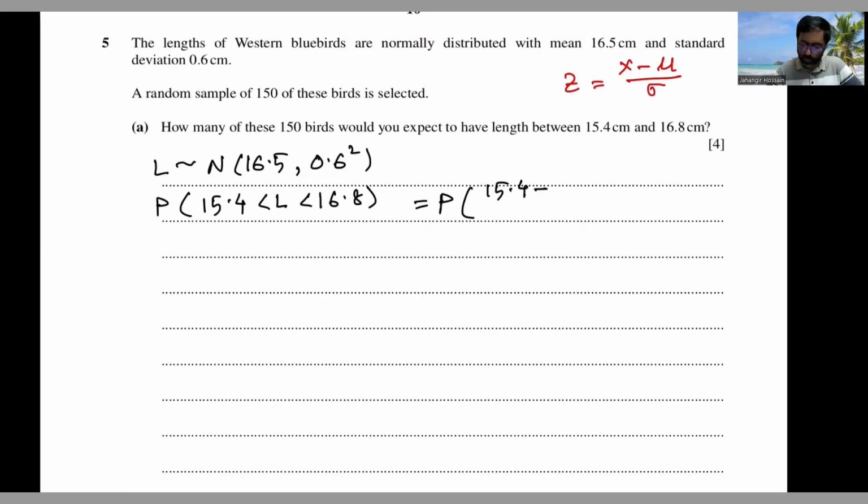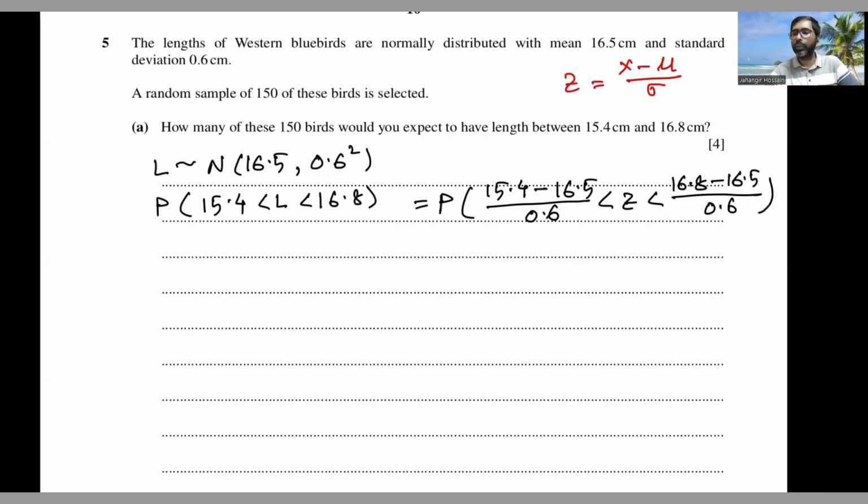So x is 15.4 minus mean 16.5 divided by standard deviation 0.6. So we calculate this one, and we have Z here, that is minus 1.833.